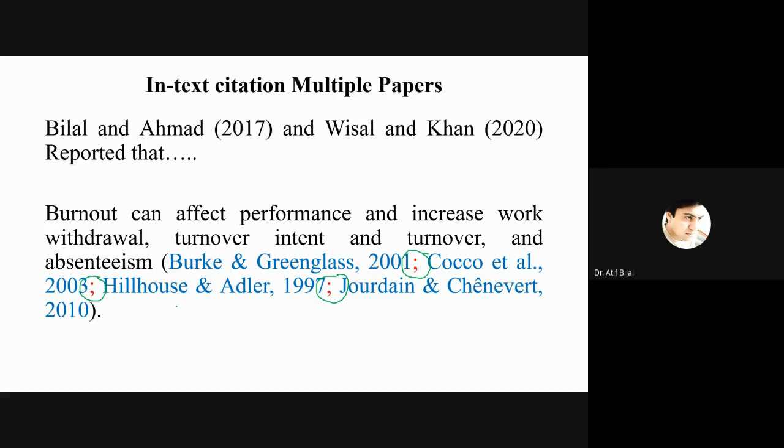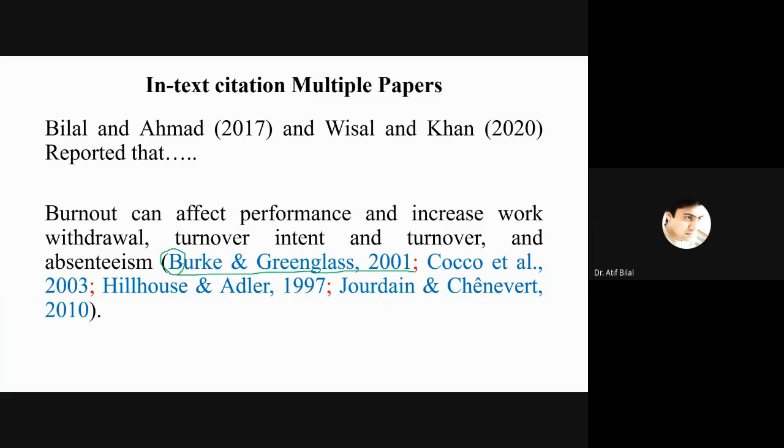Now, how do we give the sequence of these papers? Many people misconceive that the order of these papers should be in chronological order, like 2001 and 1997 should have been at the first. But in APA style, you go with the alphabetical order of the last name of the first author.